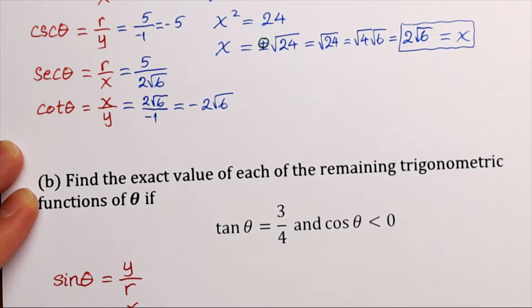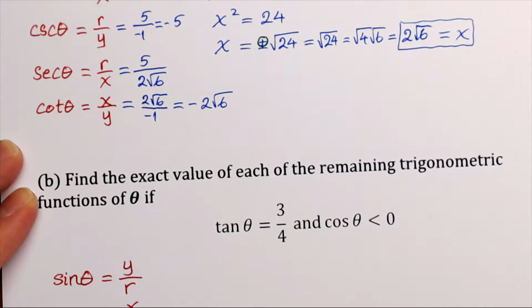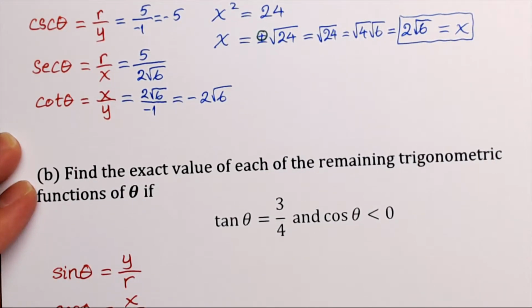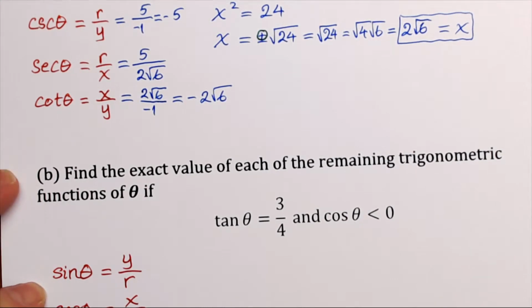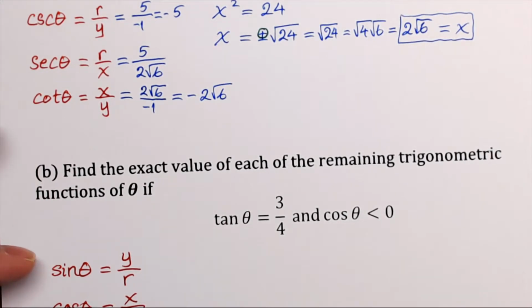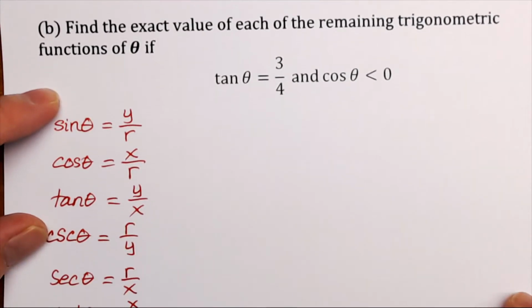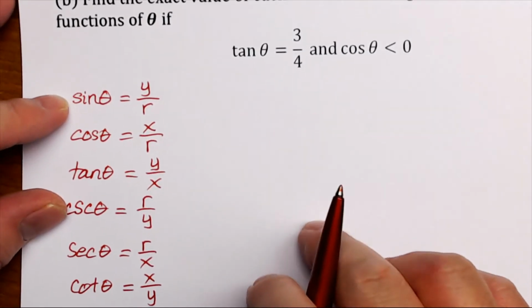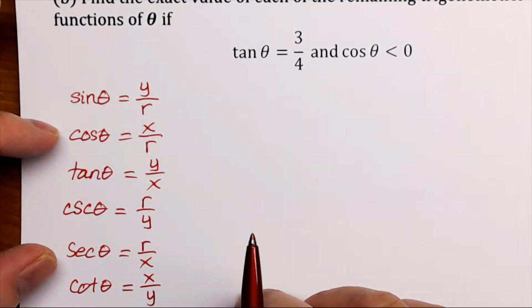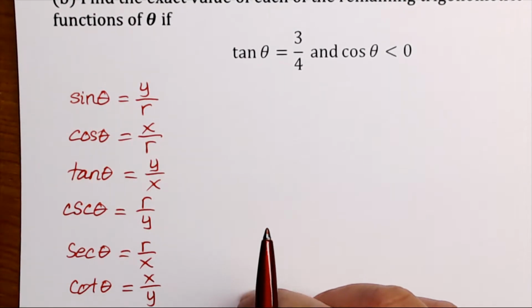There is a plus or minus. We need to determine if it is a plus or a minus. So go back to the problem. We see that we are given tangent is less than 0. Tangent is y over x. So if y over x is less than 0, and we know that y is negative, because of that, x must be positive.